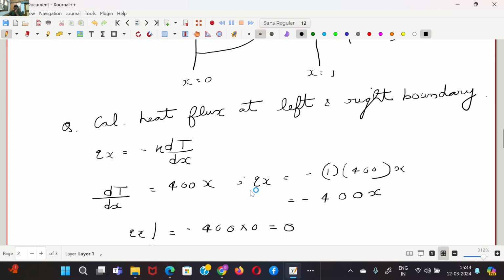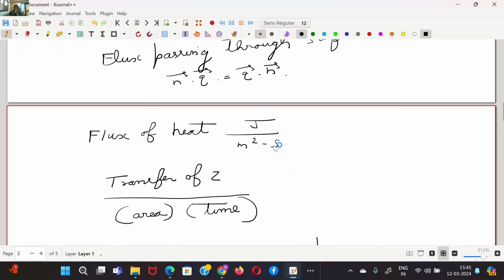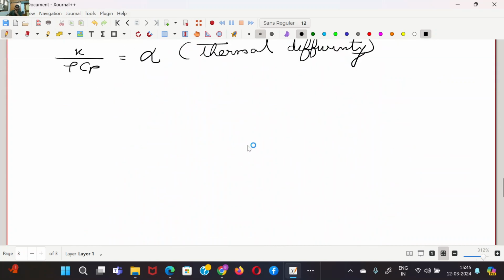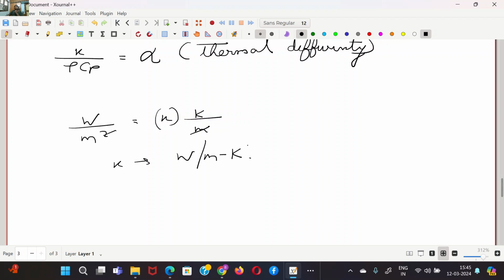So flux of heat is what? J per meter square per second, or watt per meter square. So watt per meter square is the q. k will have some units. dT by dx is what? Kelvin per meter, right? So meter will get cancelled. So k units will be watt per meter Kelvin, right?